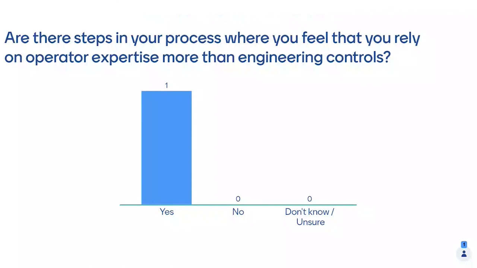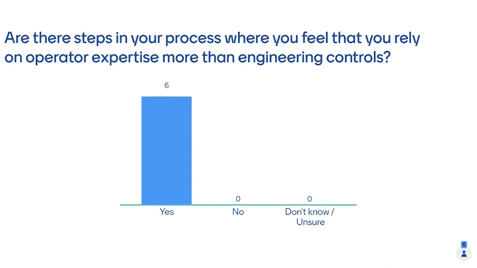We're going to add another question here. Are there steps in your process where you feel that you rely on operator expertise more than engineering controls? Again, the older the process, we find is the more likely operators are relied upon as opposed to engineering controls.